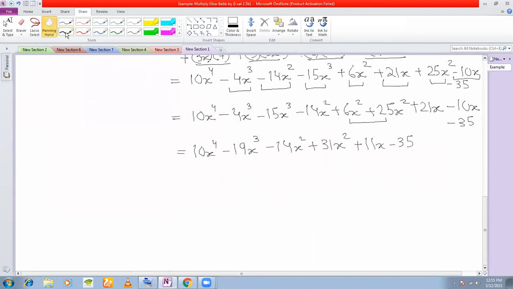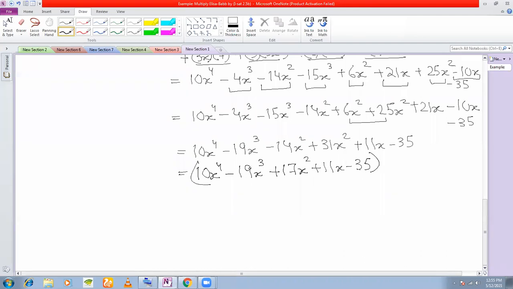And so now your ultimate answer here is 10x to the power of 4 minus 19x cube. 31 minus 14 is 17, so plus 17x square plus 11x minus 35. And this is your answer.